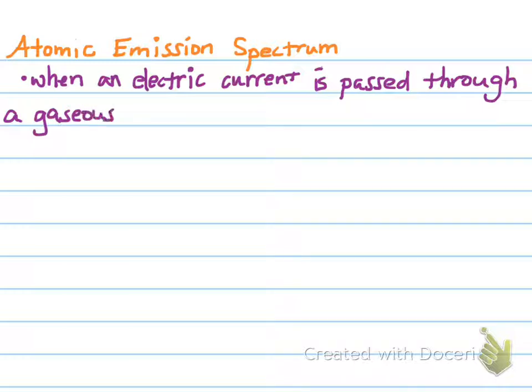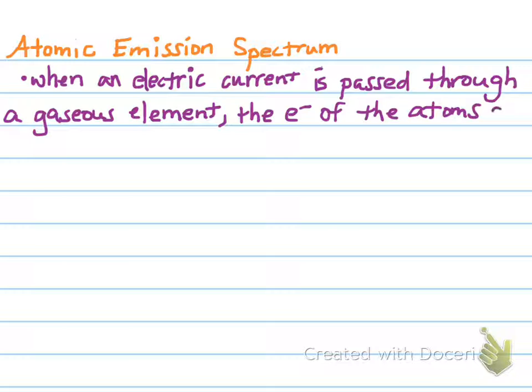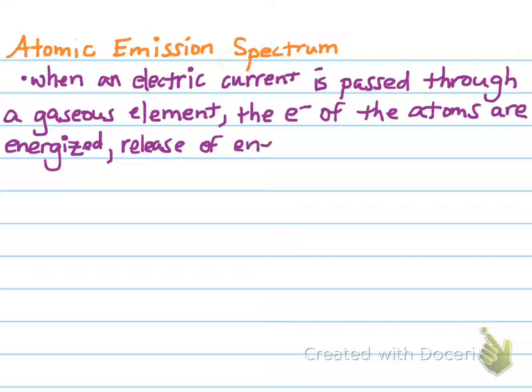So we just mean an element in its gas state of matter. The electrons of the atom are energized and the release of this energy causes them to emit light.